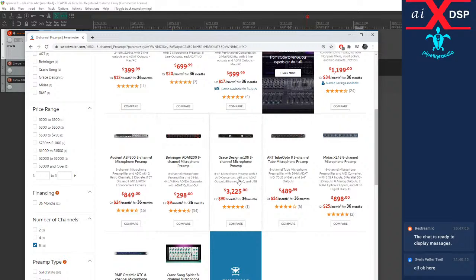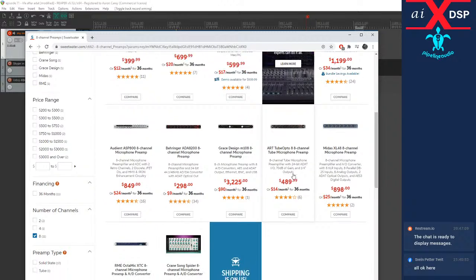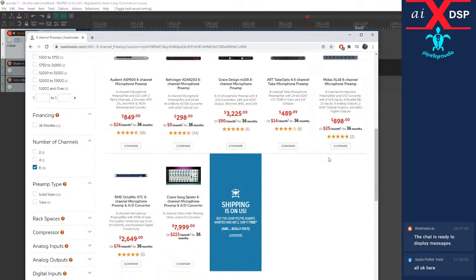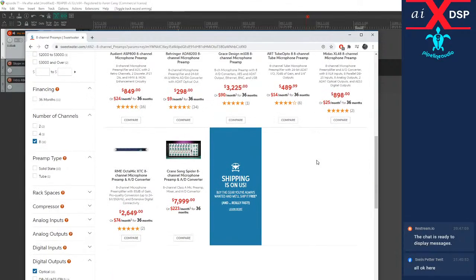I think Sweetwater's filter might be broken here. Oh, Grace Designs for $3,200. Yeah, sure, I'll be right on that. You know, that Art, actually, people turned out to like that thing, so it's kind of crazy. But yeah, there's a Midas. I don't know if it's got defeatable terminators or not. It's $900. Yeah, I don't know.